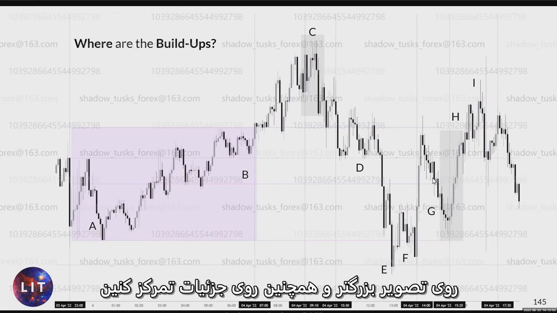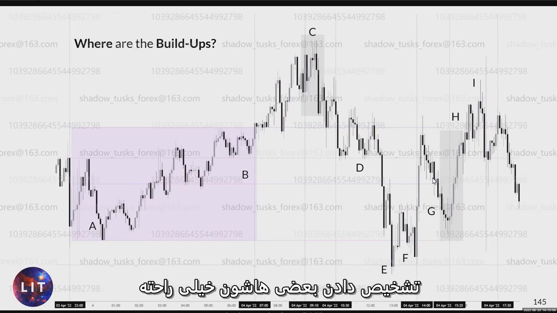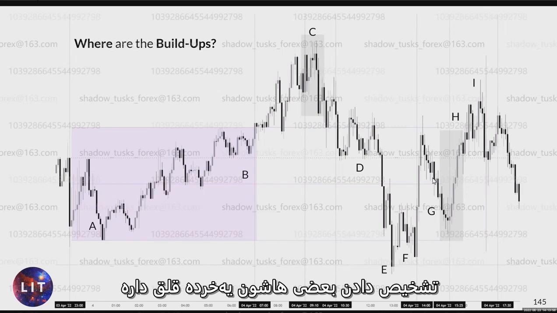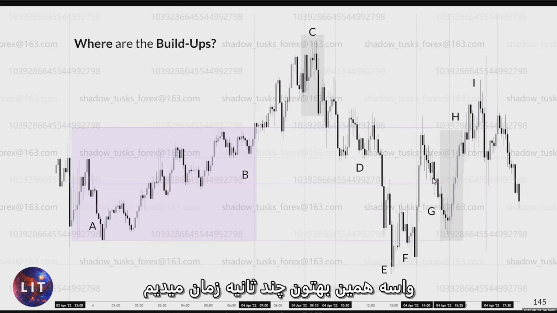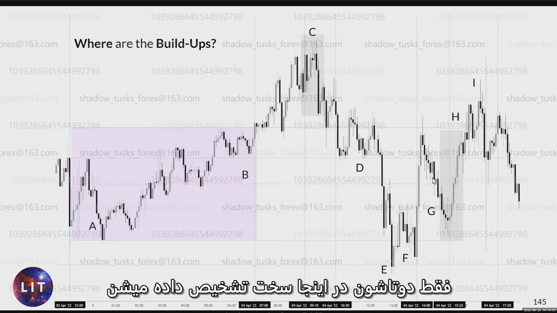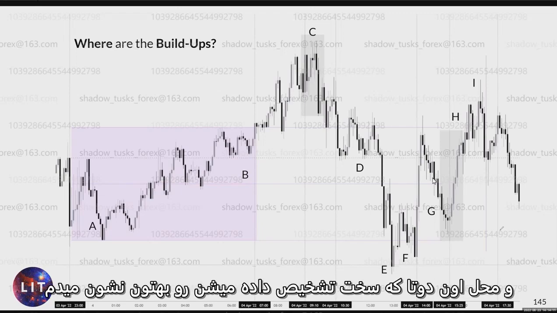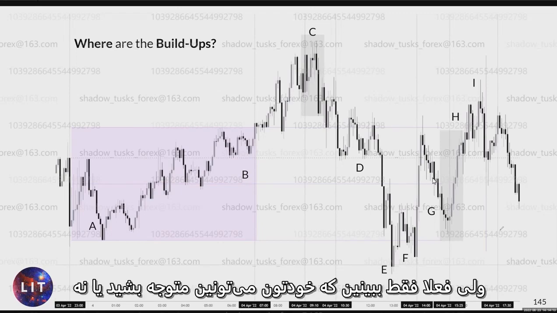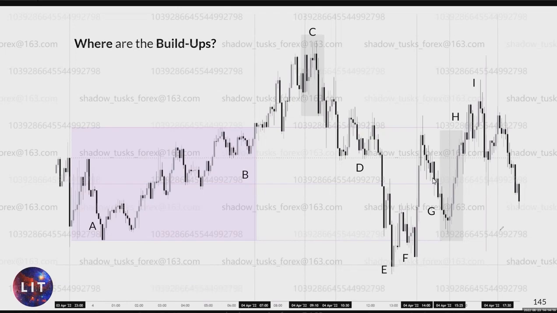Okay, so focus on the bigger picture and also the details already. Some are very easy to spot, some are a little bit tricky to spot. So I give you a few seconds. You can note it down, but it should be very clean. There are just 2 tricky ones in there, and I will show you where they are. But for now, just see if you can figure it out yourself.